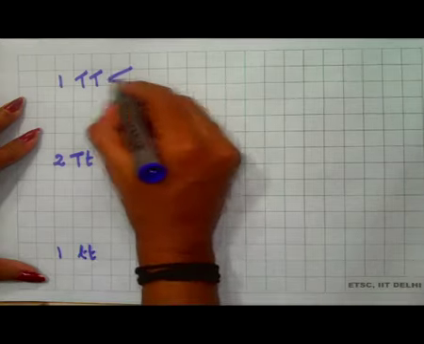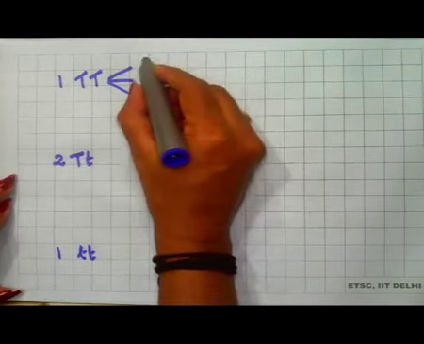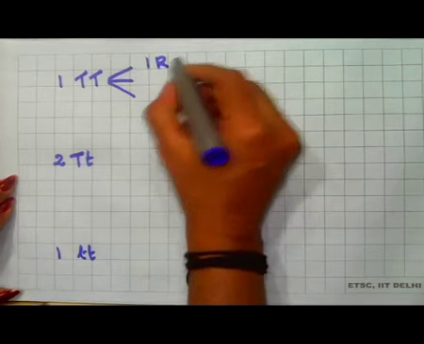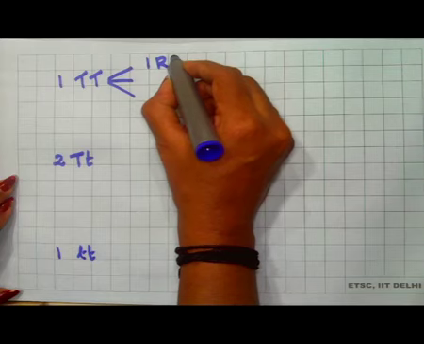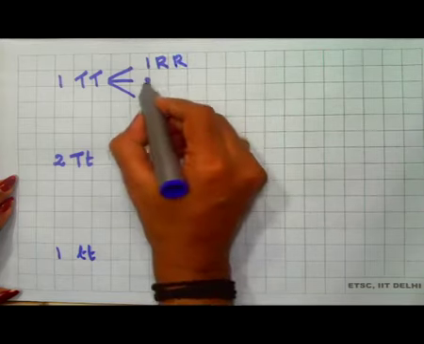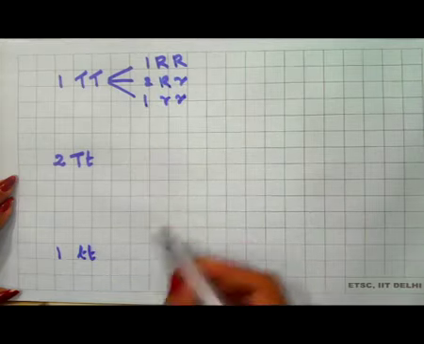Now, for the second cross you write like this, 1 capital R, 2 capital R, small r, and 1 small r.